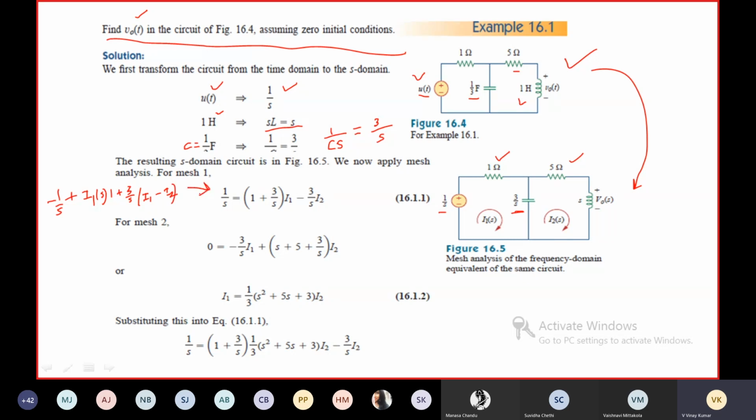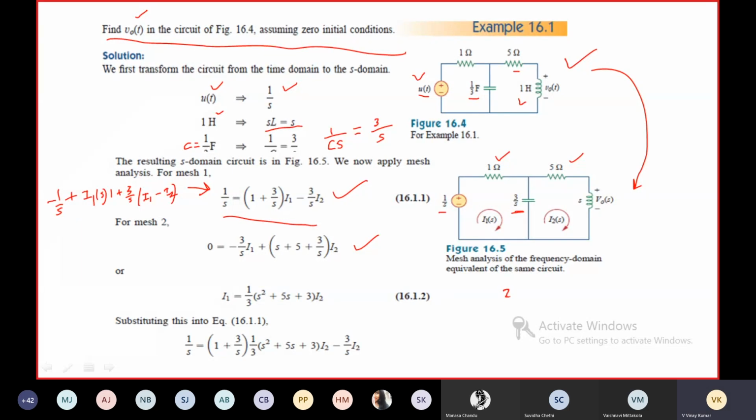From this you are going to have an equation like this. Okay, you apply KVL around this loop, you are going to get this equation. Similarly you apply KVL to mesh 2.